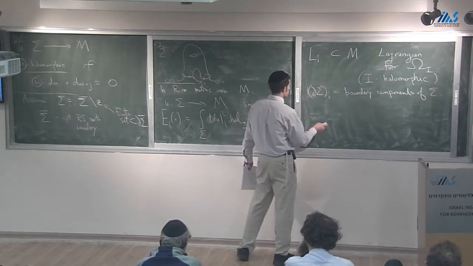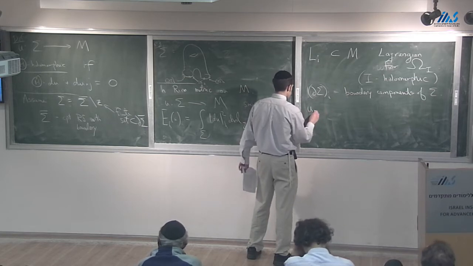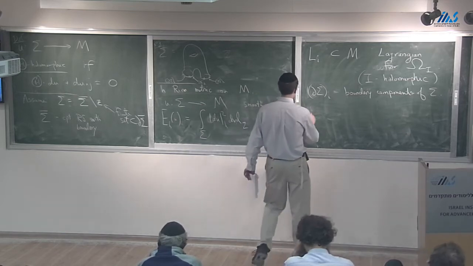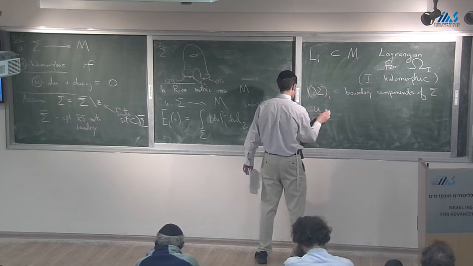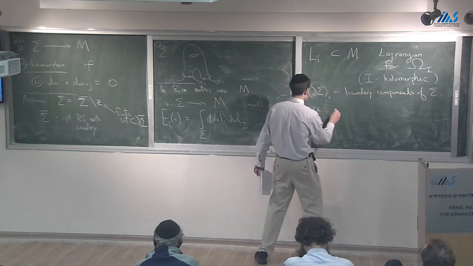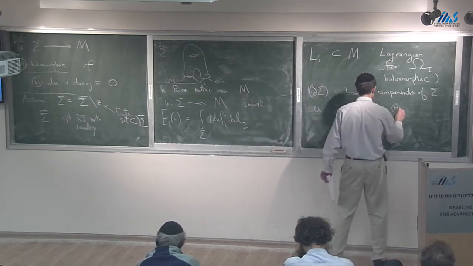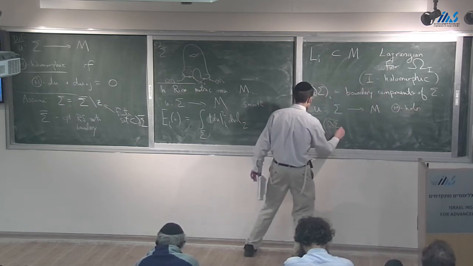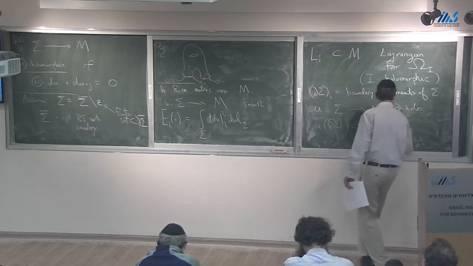Okay, so now let's consider U that is theta-holomorphic, and such that U of boundary sigma_i is contained in L_i for all i.